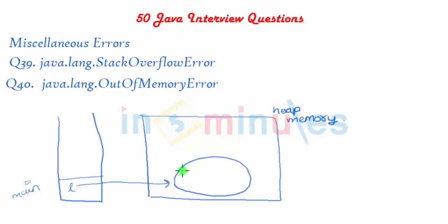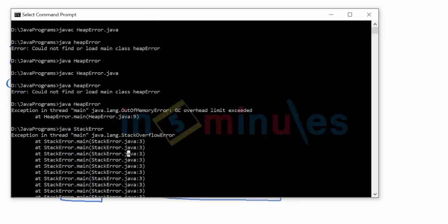Obviously at a point of time, we will consume all of this space, after which we will get the out of memory error, and this is how it looks. Exception in thread main java.lang.OutOfMemoryError: GC overhead limit exceeded at heap error.main, which is trying to show you where it occurred.